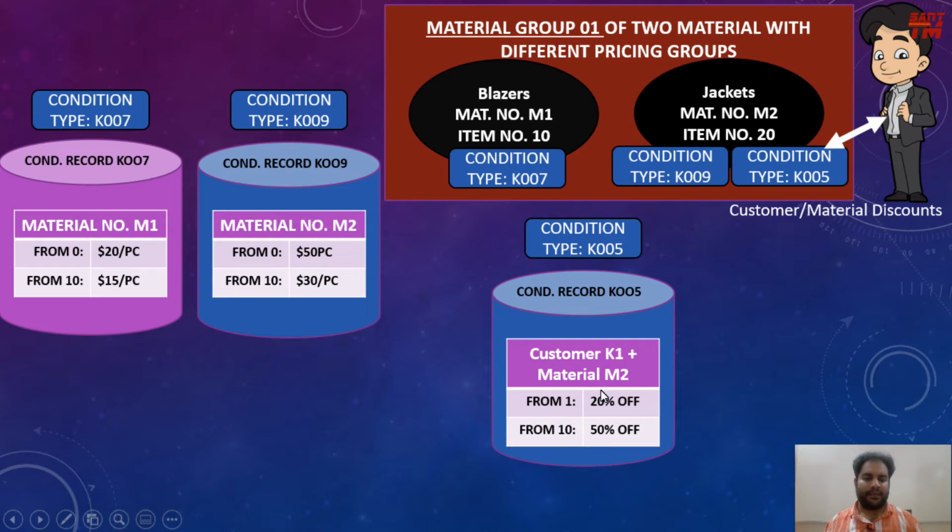It says that if customer K1 is buying material M2, that means this customer is buying jackets, then if this customer buys 1 to 9 pieces, 20% off would be given on the total bill amount, and if the customer buys 10 or more pieces up till infinity, then 50% off would be given on the total bill amount. So these are the three conditions and associated condition records. That is why we are calling them different pricing groups. Blazers have different pricing criteria and jackets have different pricing criteria.